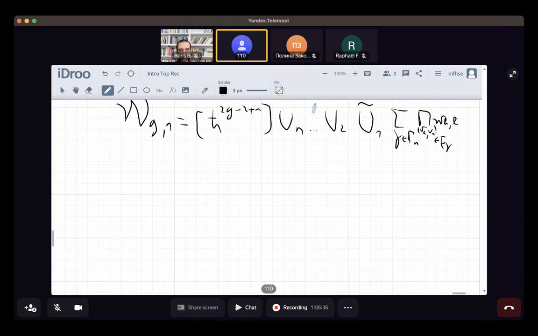u1 tilde, let me write it down. So u1 tilde is again quite similar but a little bit different. Sum over r from 0 to infinity, d1 to the power j.